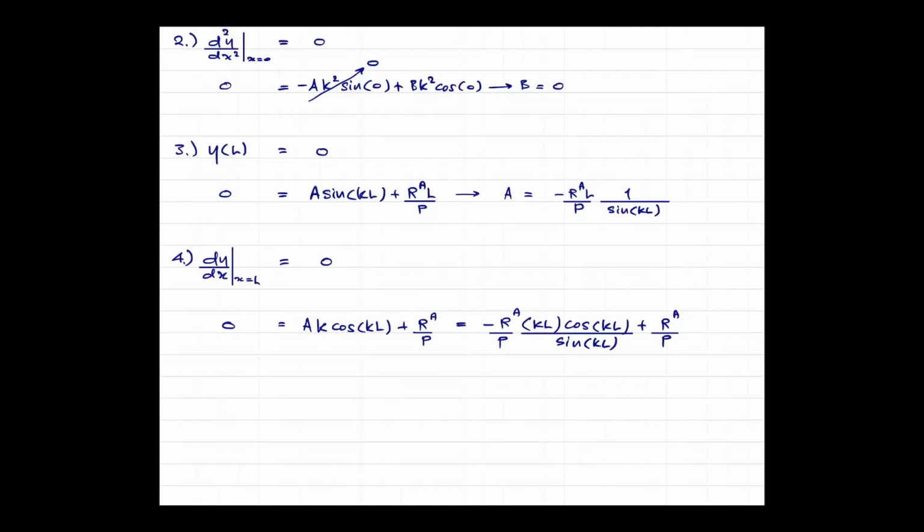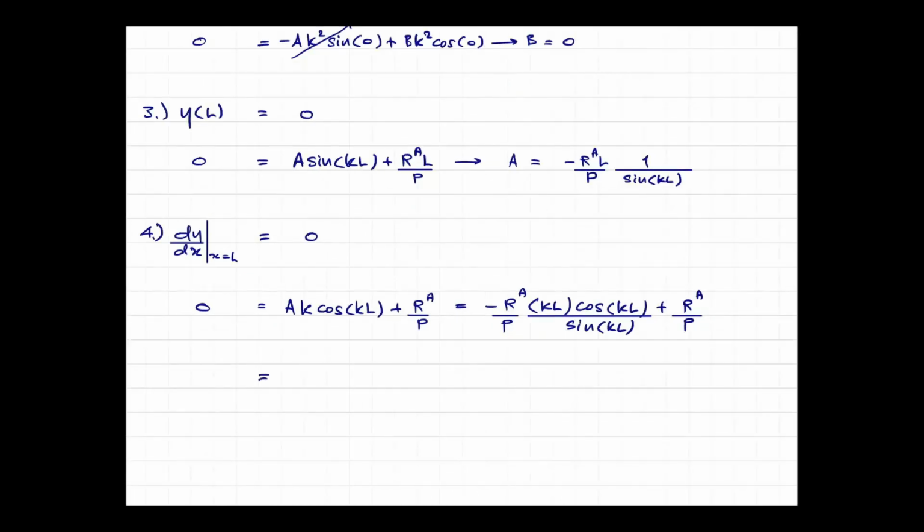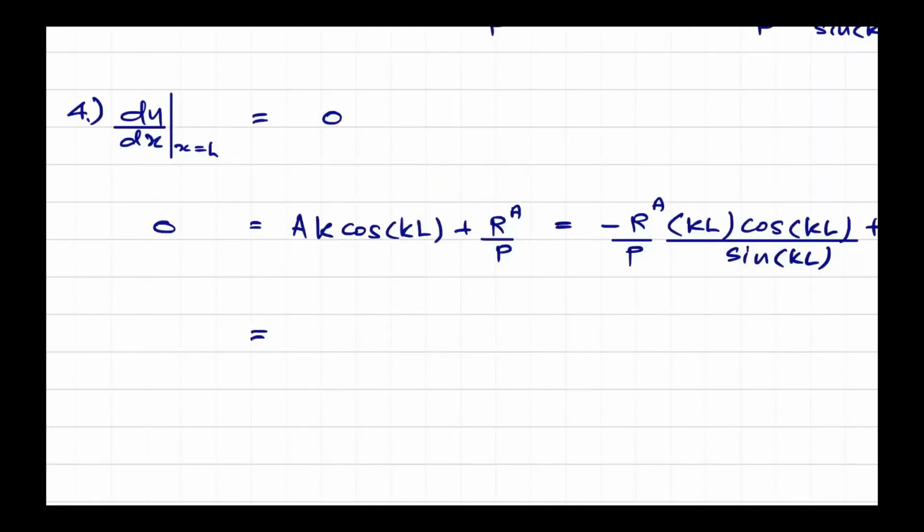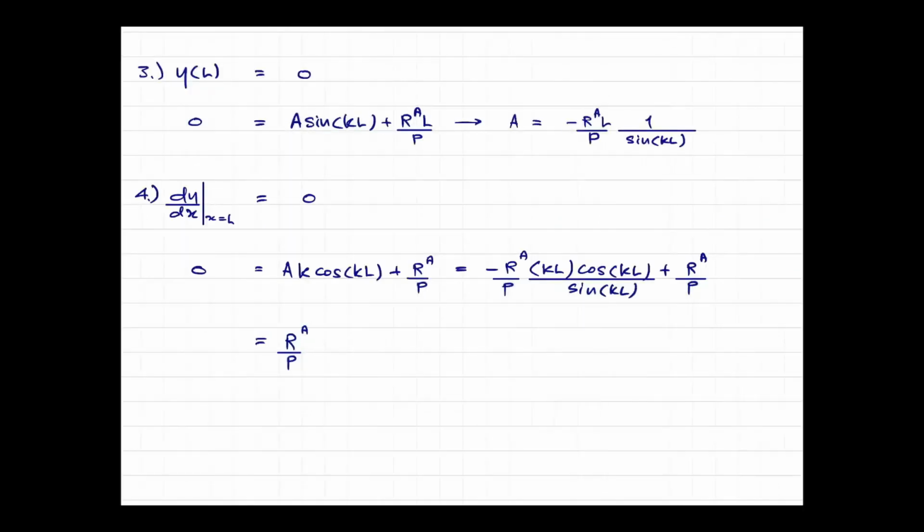So we have two possibilities, right? We have the equation inside: 1 minus kL cosine kL over sine kL.